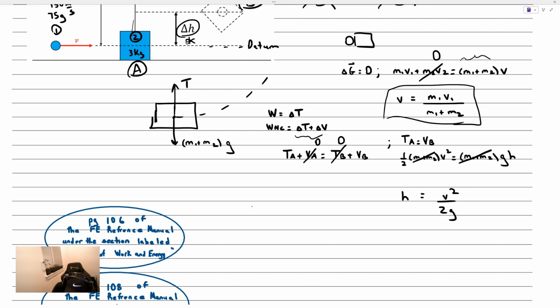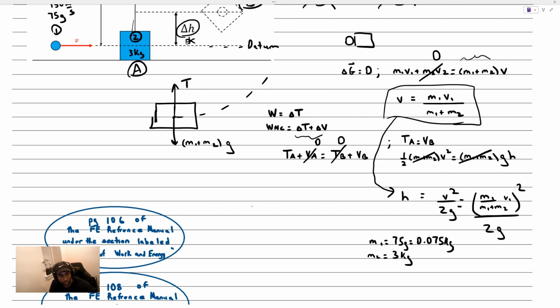And we know what v was from before, right? V is just this term over here. If we go ahead and plug that in, what we have is m1 divided by the total mass of the system multiplied by v1, this entire term squared. If we take this and divide it by 2 times g, then we'll have our solution. We know that m1 was equal to 75 grams, or 0.075 kilograms, and m2 was just equal to 3 kilograms.